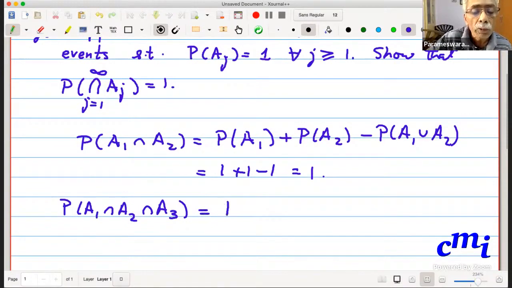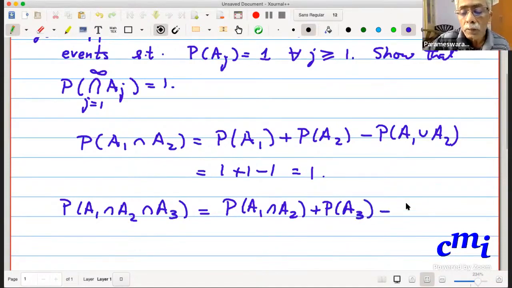So this is probability of A1 intersection A2 plus probability of A3 minus probability of A1 intersection A2 union A3.